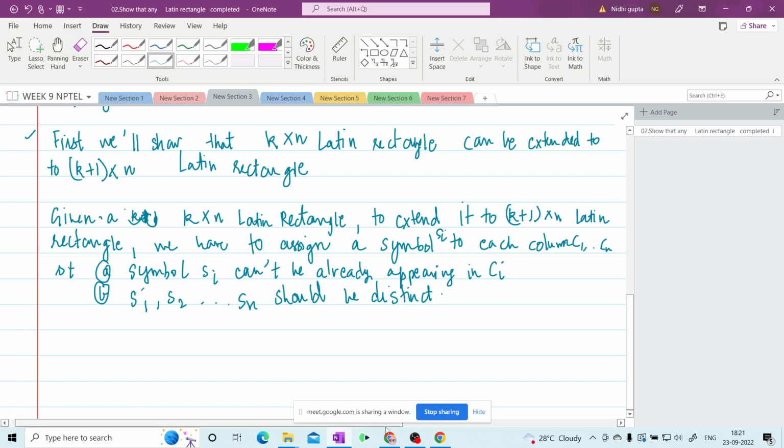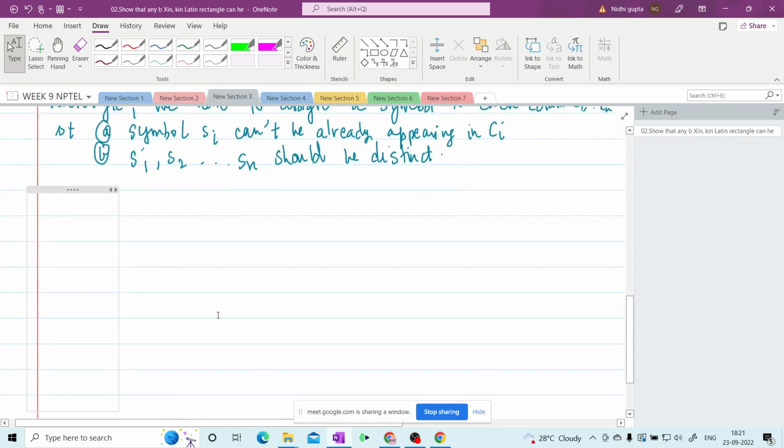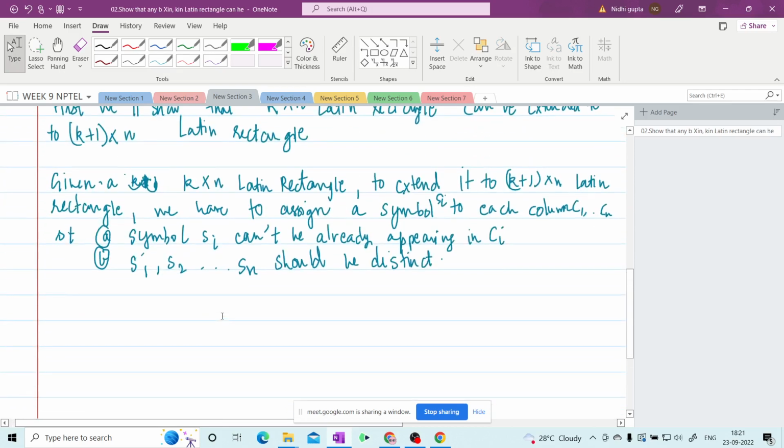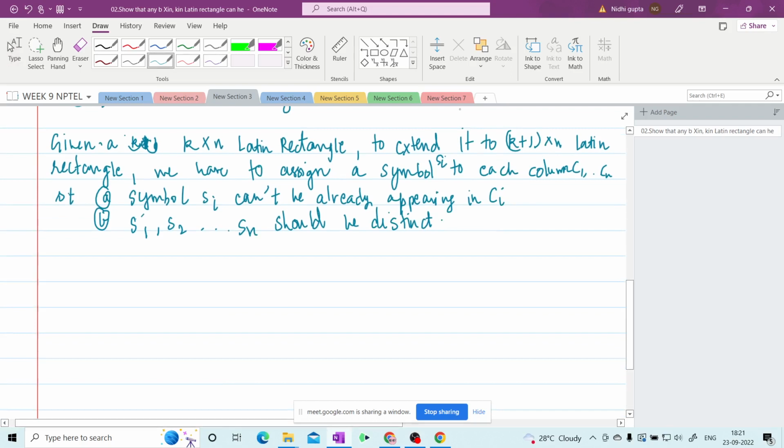Think for some time. Okay. So what we have to do is assign a symbol Si to each column Ci, such that Si is not already appearing in Ci, and S1, S2 till Sn should all be distinct.